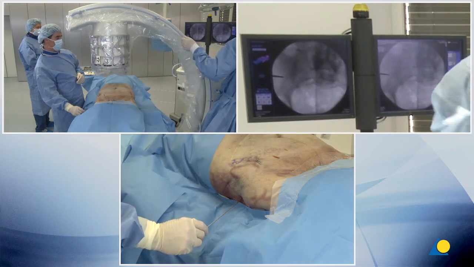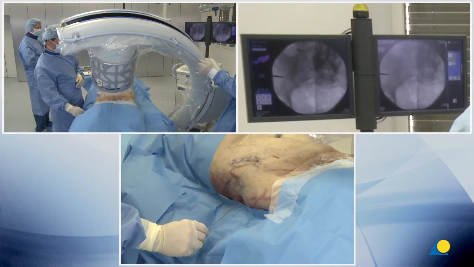The C-arm is tilted from inlet to outlet to assure the correct trajectory of the guide wire.